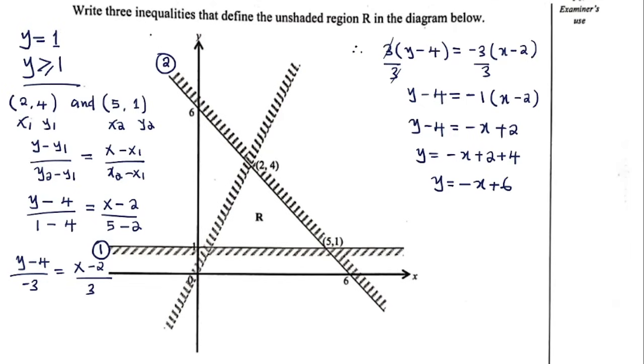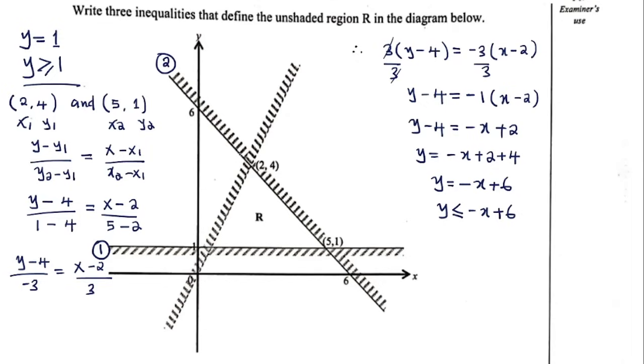So that is the equation for this line, line 2. If you look at that one, which part did they shade? They shade the greater part. So what will be the inequality? The inequality will be y is less than or equal to negative x plus 6.